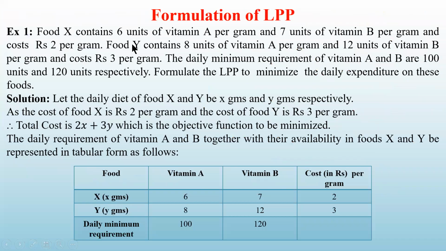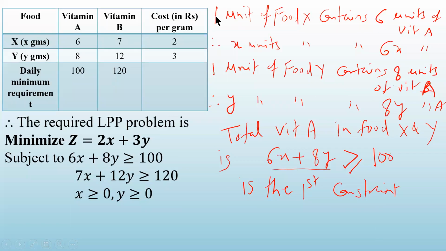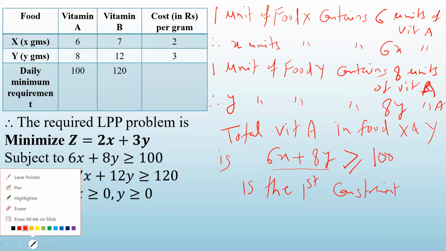Look at here, food X contains 7 units of vitamin B and 1 gram of food Y contains 12 units of vitamin B. So let us write down now.